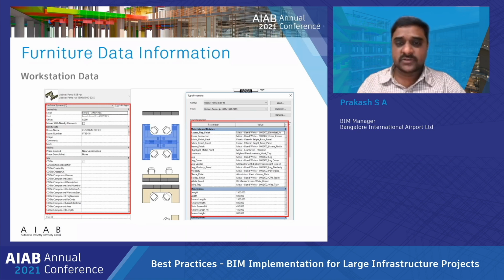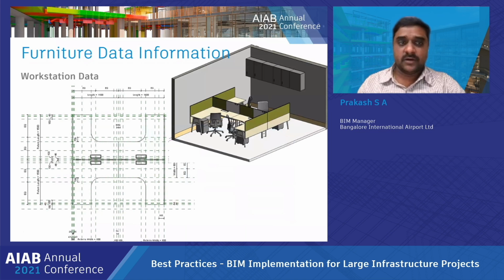In the furniture also we have customized parameters, which you can see on the right-hand side, customized for materials and checking. And we have the plans and 3D view for that particular type of workstation.